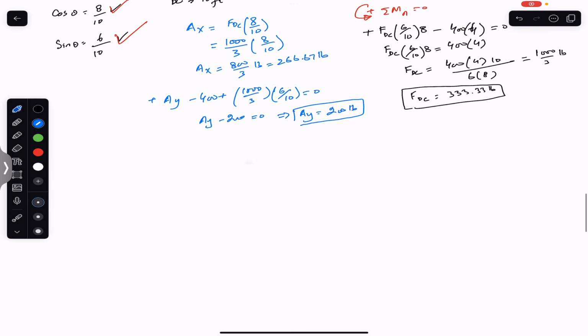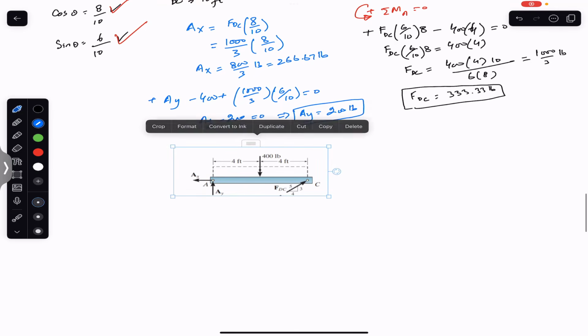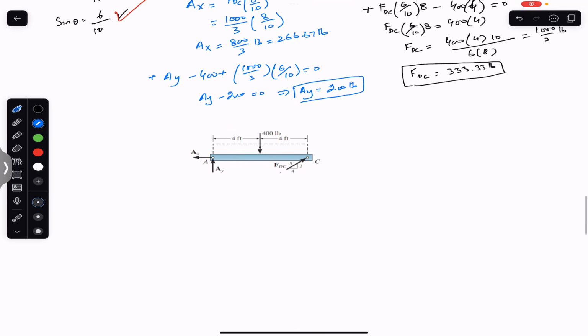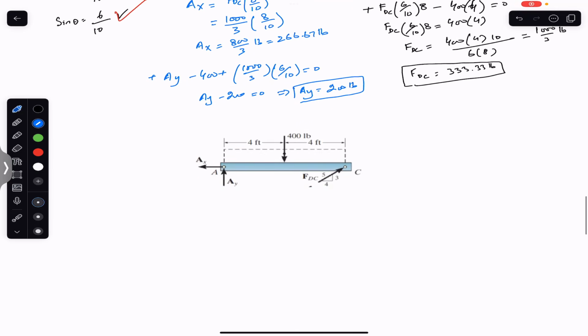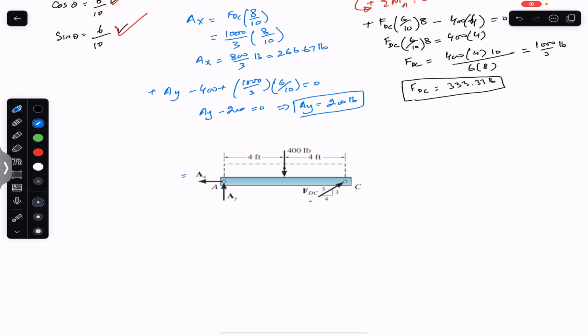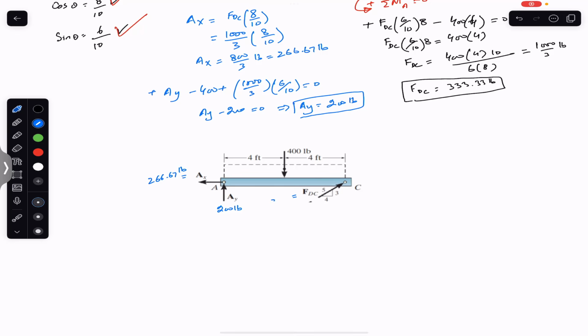So let me represent all those. So now this is our free body diagram of that AC member, and now we have the AX value. The AX value is 266.67 pounds. The AY value is 200 pounds, and FDC value is 333.33 pounds.